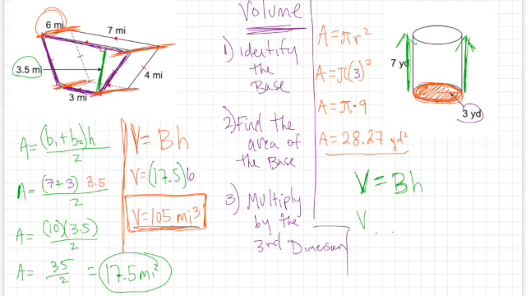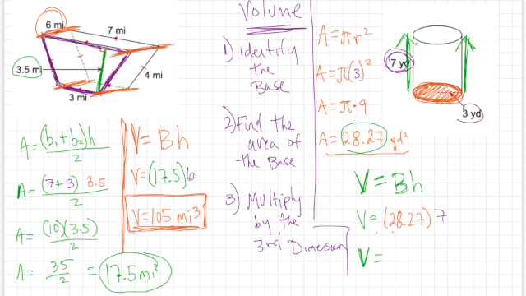So the volume we just figured out is 28.27 square yards times the height, that third dimension, which is 7. So it's just a multiplication problem at this point for the calculator.